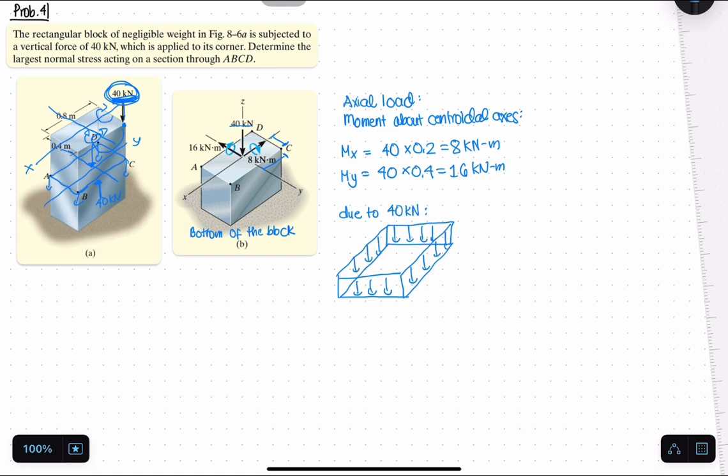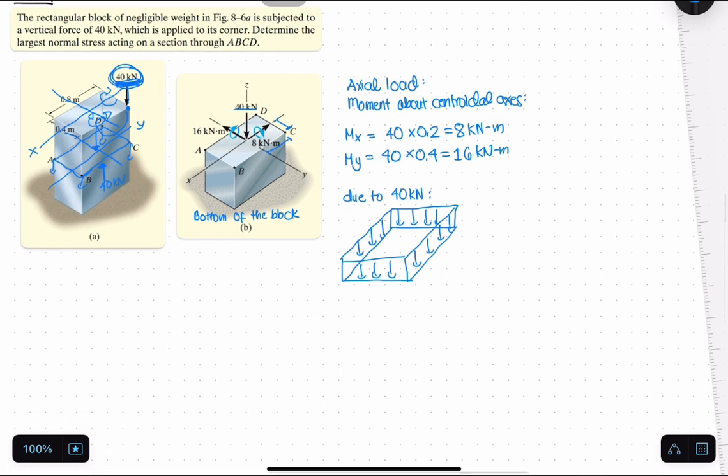Okay, so ang value niya, class, is negative kasi compression, negative 40 over 0.8 times 0.4.